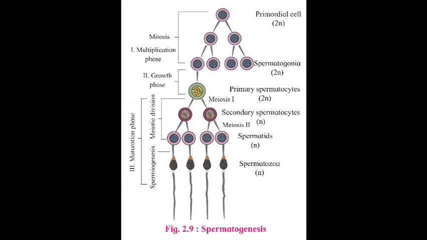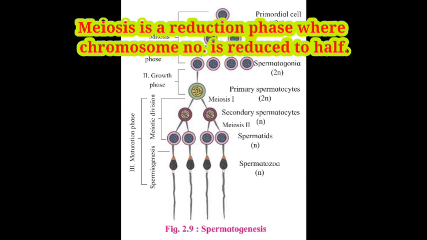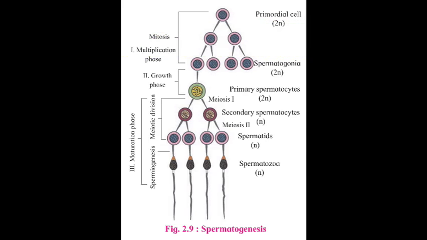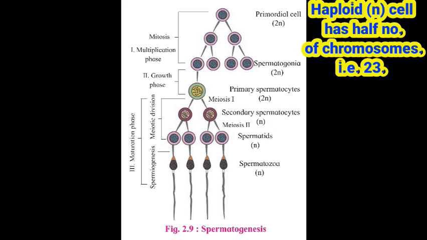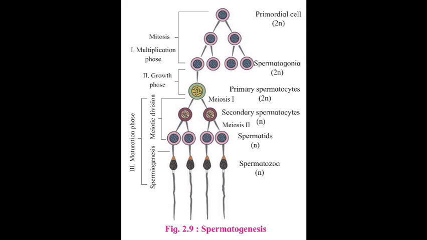Now the third phase begins, that is the maturation phase, where primary spermatocytes divide by the process of meiosis. Meiosis is a reduction phase where the chromosome number is reduced to half, and primary spermatocyte produces secondary spermatocyte, which is a haploid cell. It means secondary spermatocyte has half the number of chromosomes, that is 23.